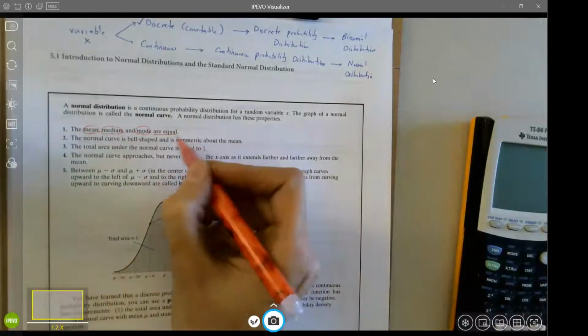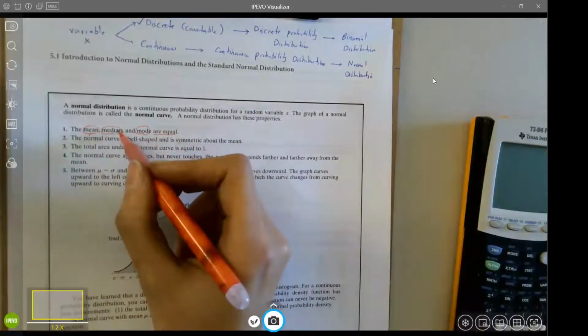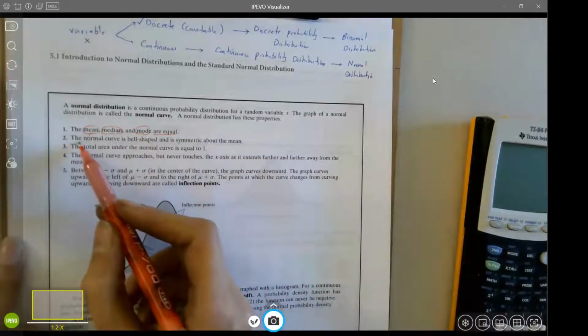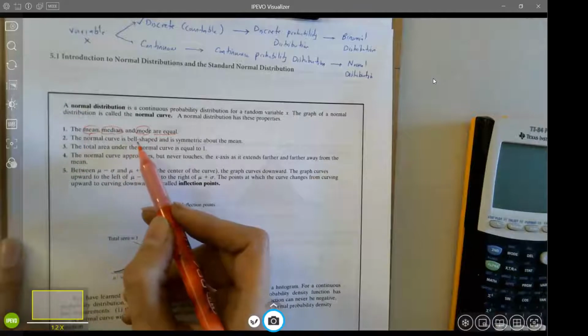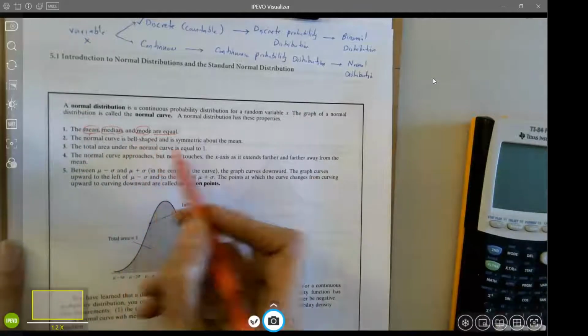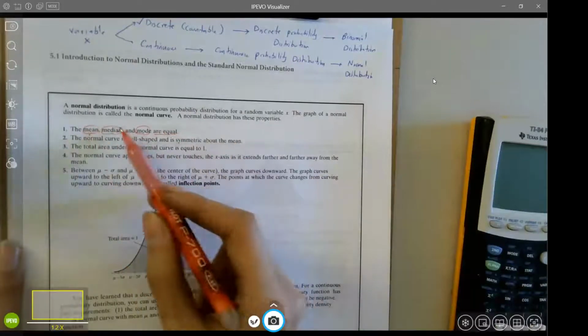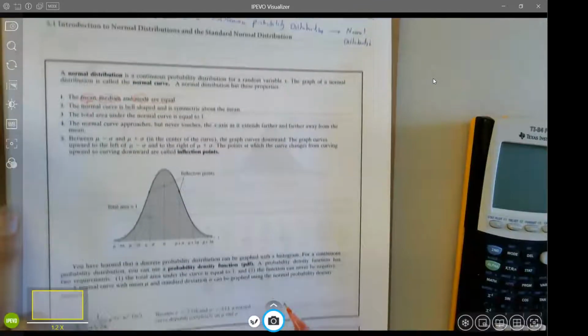So the measure of center can be either mean, median, or mode. The normal curve is a bell-shaped graph, and it is symmetric about the measure of center, which can be mean, or median, or mode.